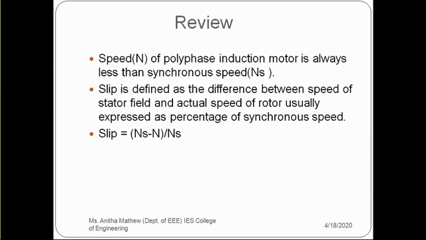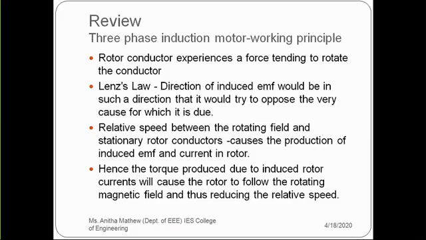Slip is the difference between the synchronous speed and the rotor speed, expressed in terms of synchronous speed. So the equation will become ns minus n by ns. This is the basic thing we have to know about the three-phase induction motor before getting into the induction generator.